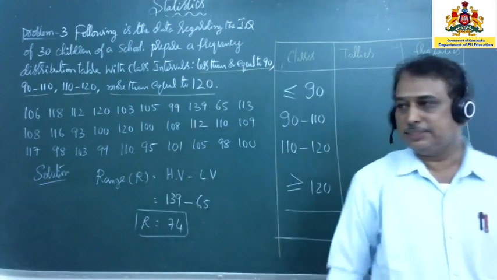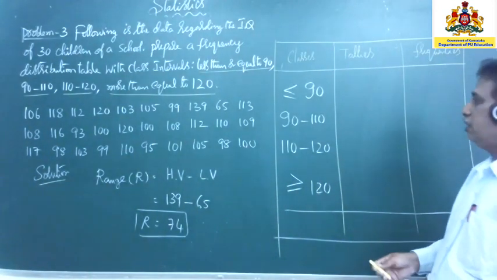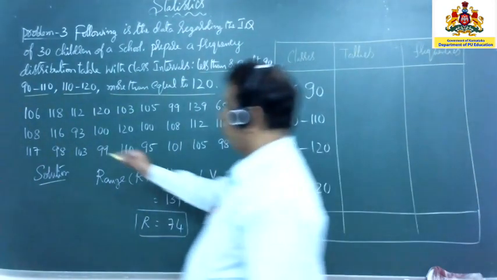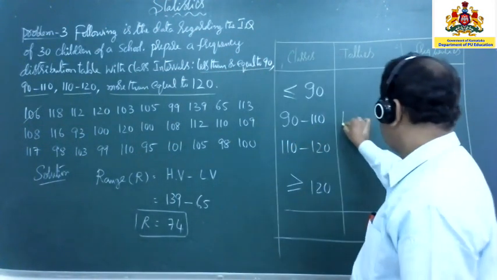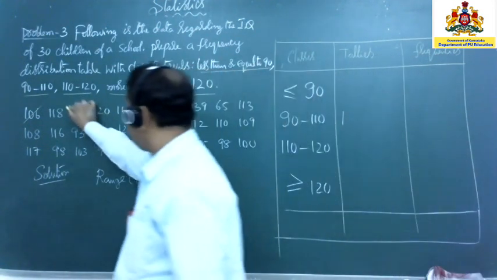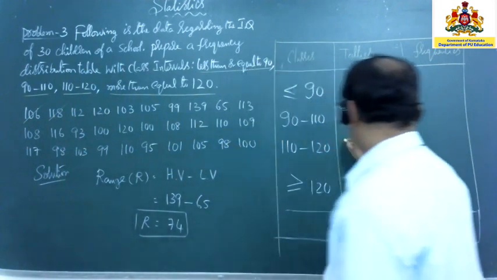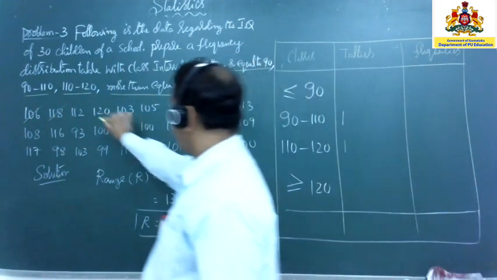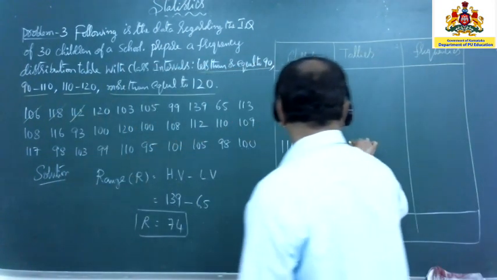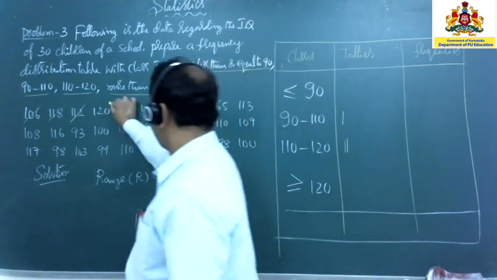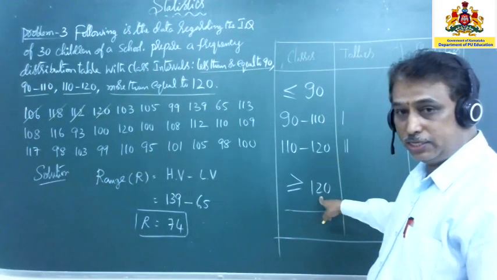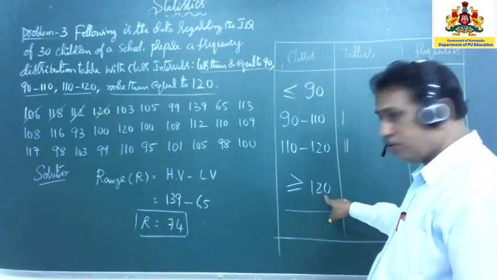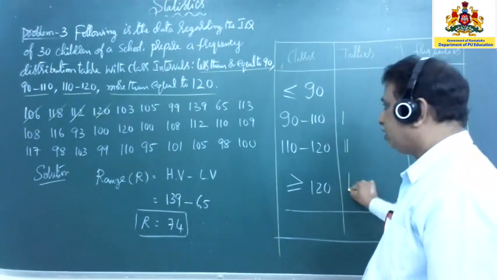Okay. Observe here. The first value 106, put here. Next 118 here. 112 here. 120, more than or equal to 120. That means equal, so we have to consider 120 here.